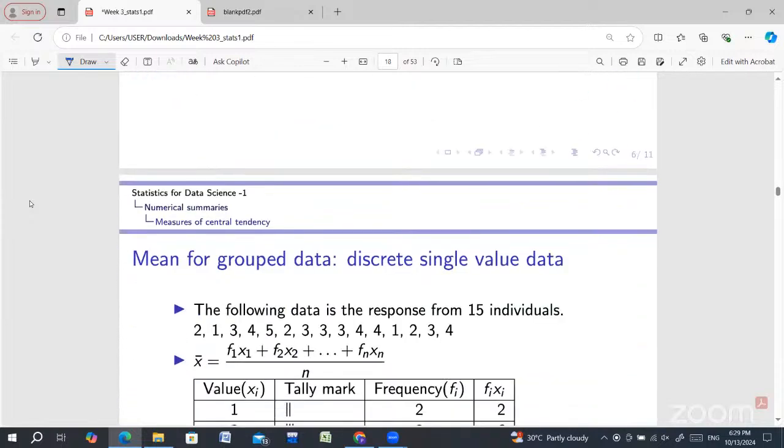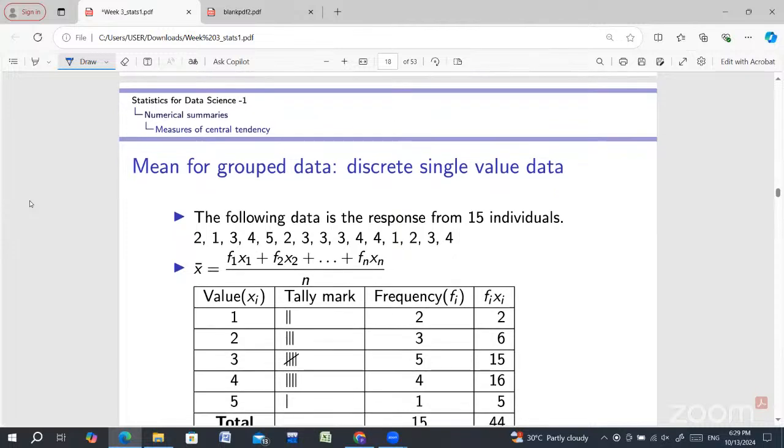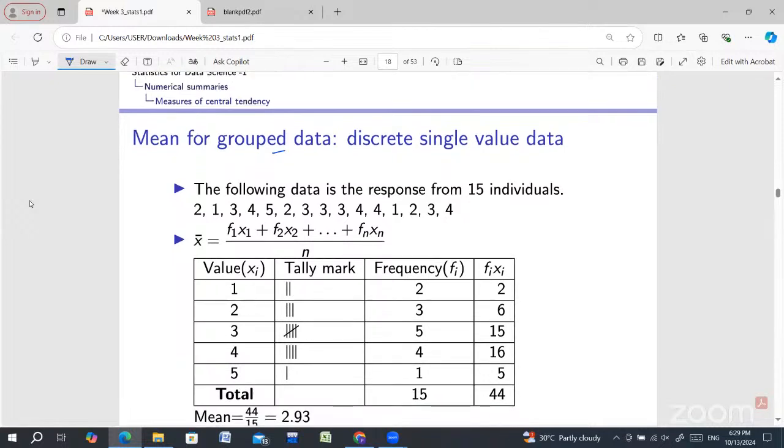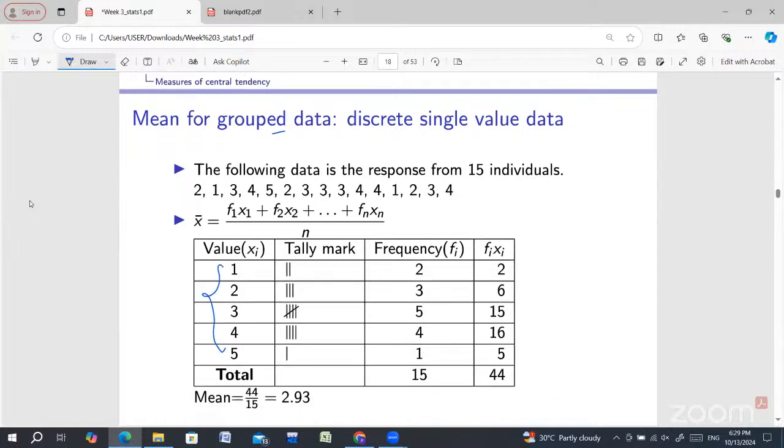Now in the next example, how we find the mean of the group data. Suppose you are given distinct values which are occurring more than one time. So what we do, we write the distinct values first, and we write their frequencies. And what is the formula?